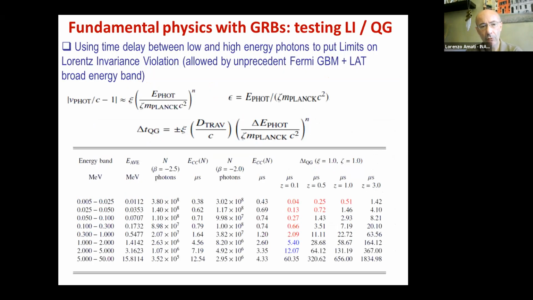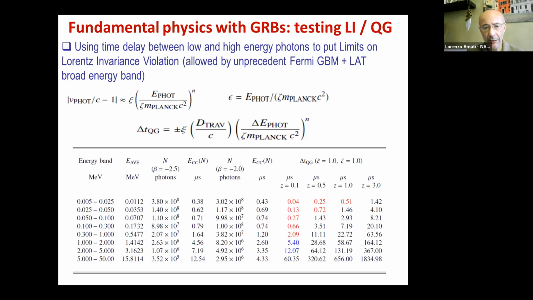So to conclude, I just mention that gamma ray bursts, because they emit over a huge energy band, several decades in photon energy, release a huge amount of photons, and the detectors of gamma ray bursts, at least a part of them, have a timing resolution of the order of microseconds.